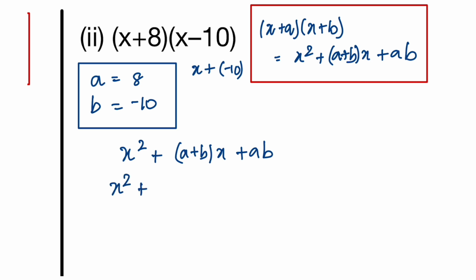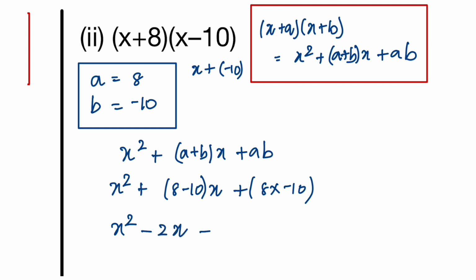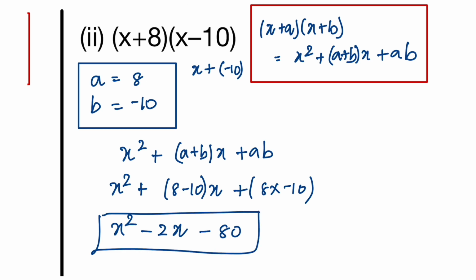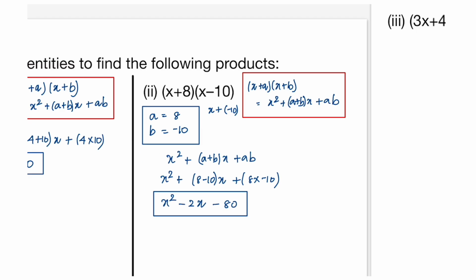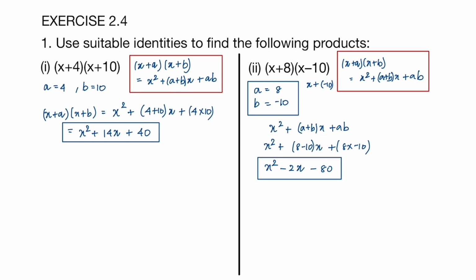So x squared plus a plus b, here 8 minus 10, into x plus ab, which is 8 into minus 10. So that is x squared minus 2x minus 80. x squared minus 2x minus 80 is your answer to this subdivision. It's quite easy. You just have to know this identity: x plus a into x plus b is equal to x squared plus a plus b x plus ab.